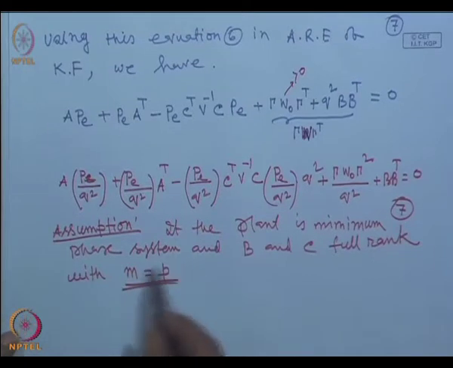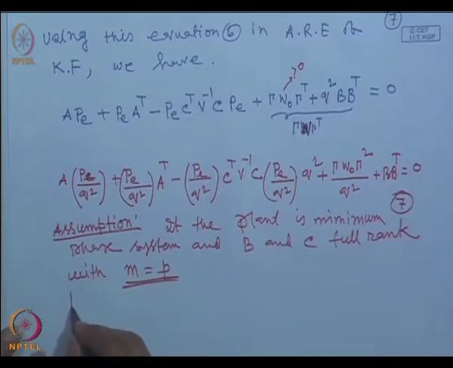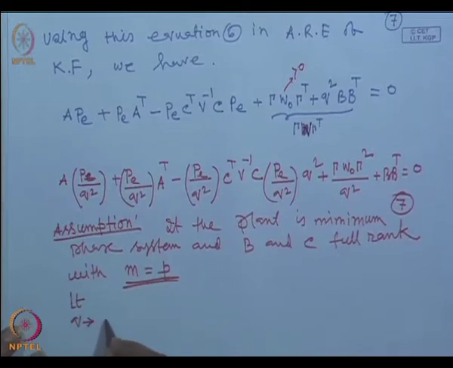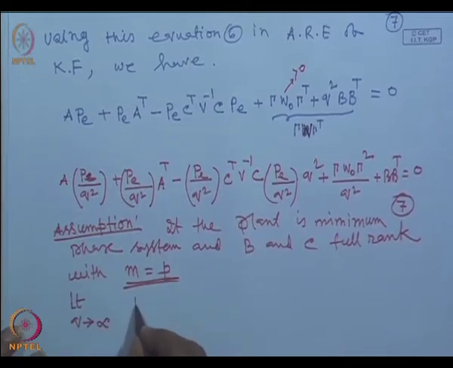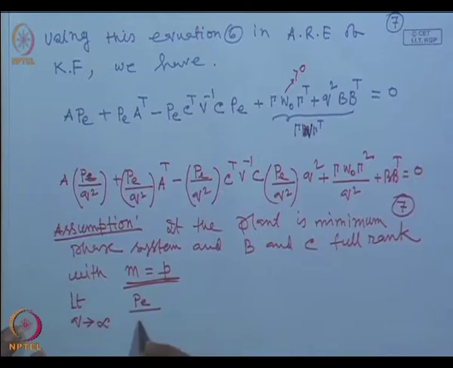Then one can write the limit as q tends to infinity of P E divided by q square is equal to 0.